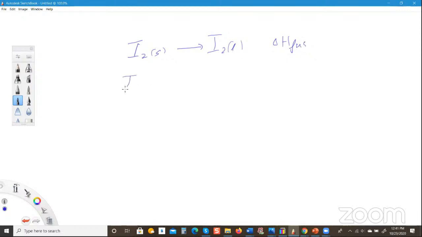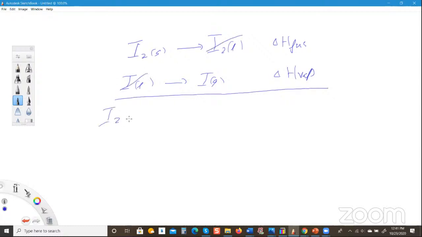And then going from iodine in a liquid state to iodine in a gaseous state, this is delta H vaporization, enthalpy of vaporization. If you were to add these two together, the liquid iodine will cancel out, so you'll be left with iodine solid to form iodine gas.